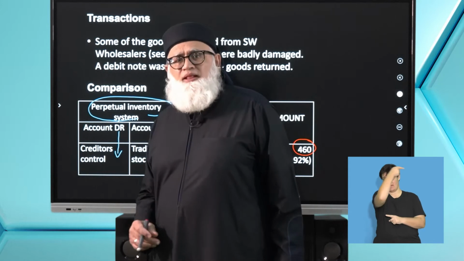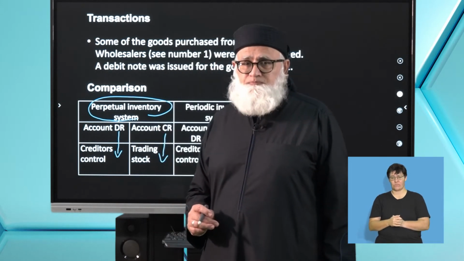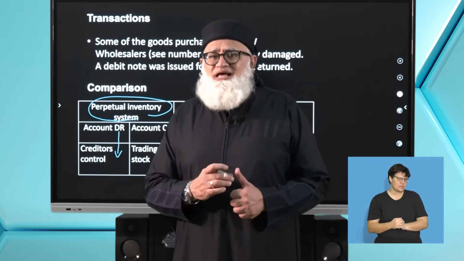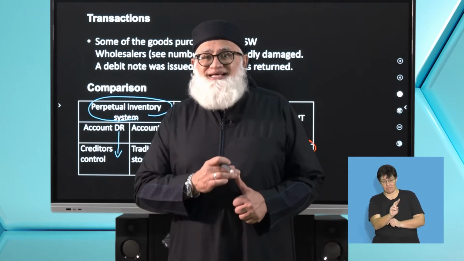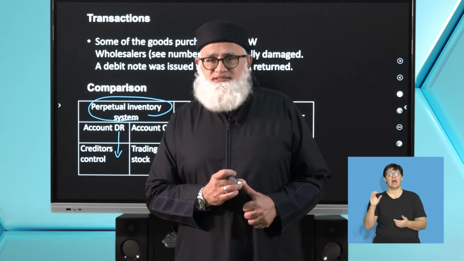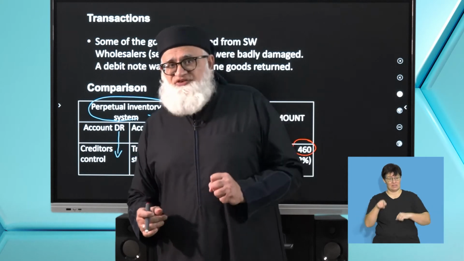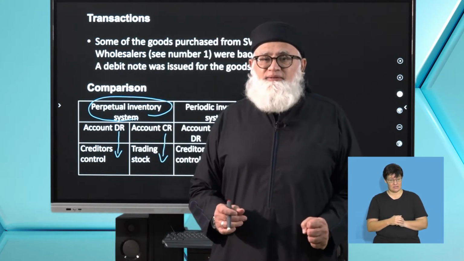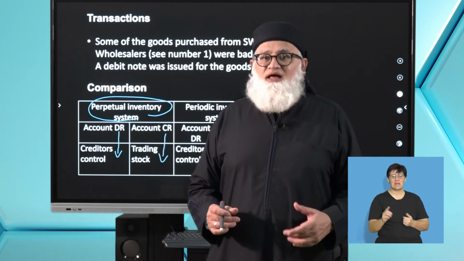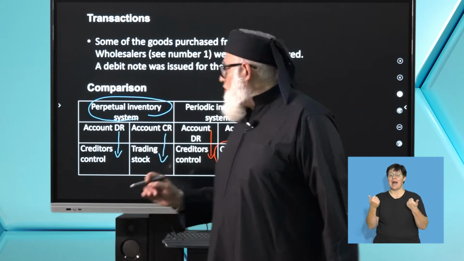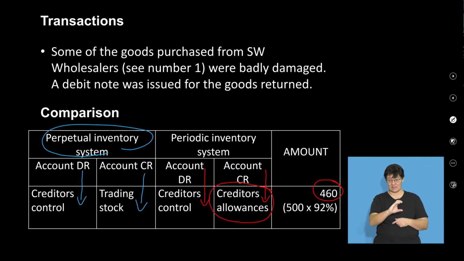However, what is important now, notice I'm using a new account called Creditors Allowances. Now, very often you could also find that in some instances, the account credited here could have been your purchases account. That is also acceptable.